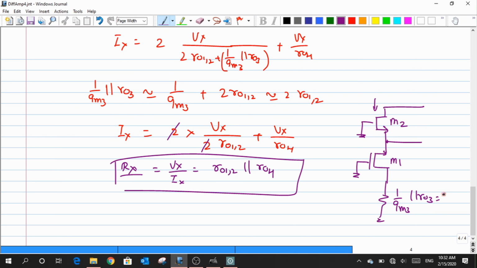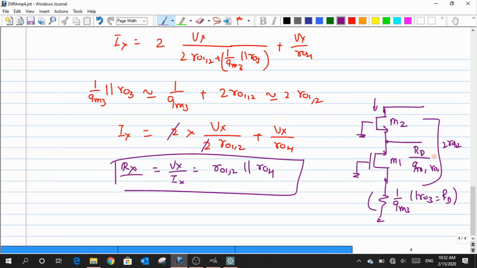Yeah, so let us take this particular term as RD. The RD would be diminished by the intrinsic gain of this quantity, due to which the impact of this particular resistance appearing onto my node at this particular point is very minimal. That's the reason why we can also think that the resistance that I have from here to here is equal to twice the value of Rho1,2.